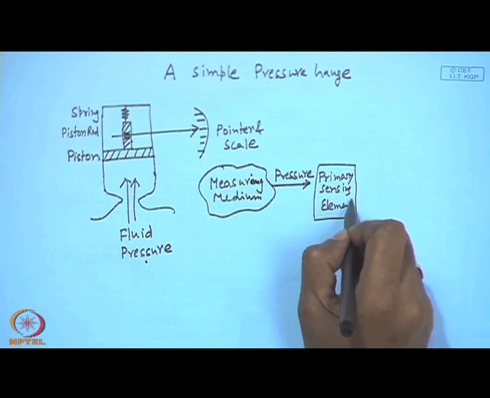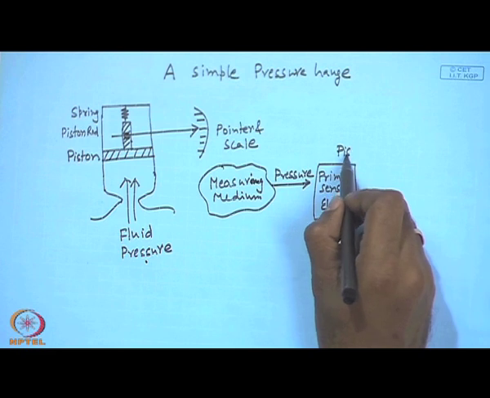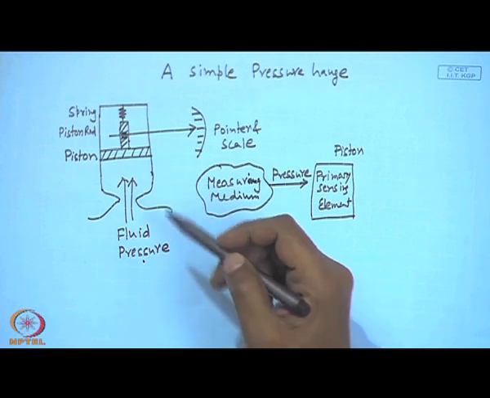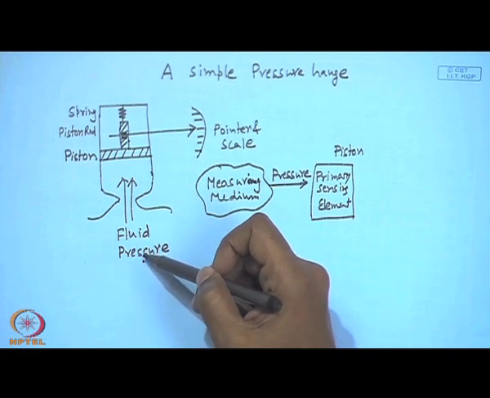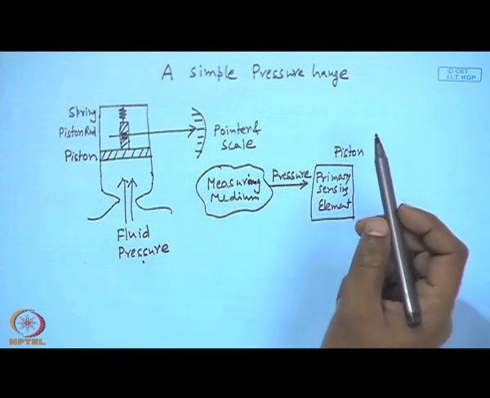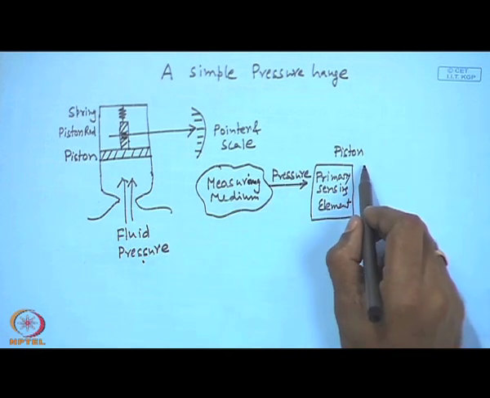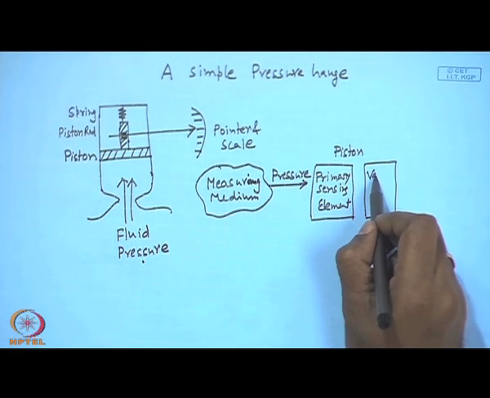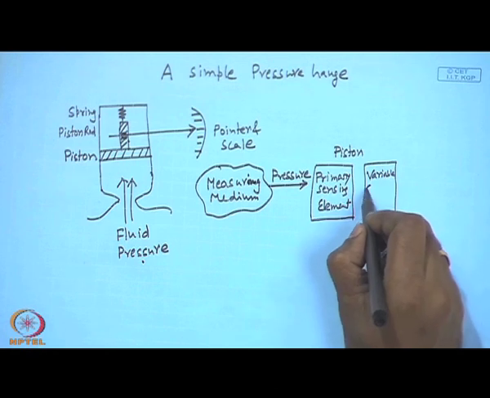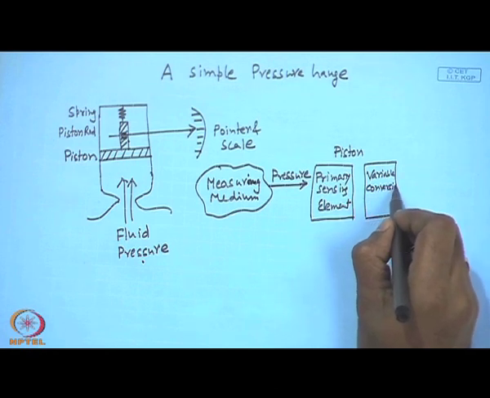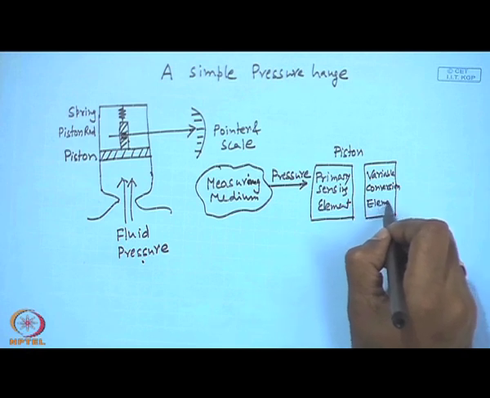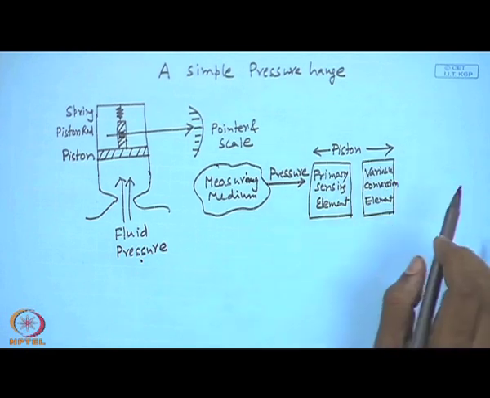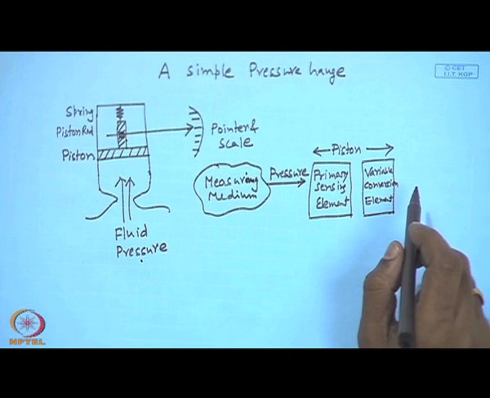The piston works as primary sensing element. But the piston also converts this pressure, which is force per unit area, to force. So, piston also works as variable conversion element. So, piston is both a primary sensing element as well as a variable conversion element.